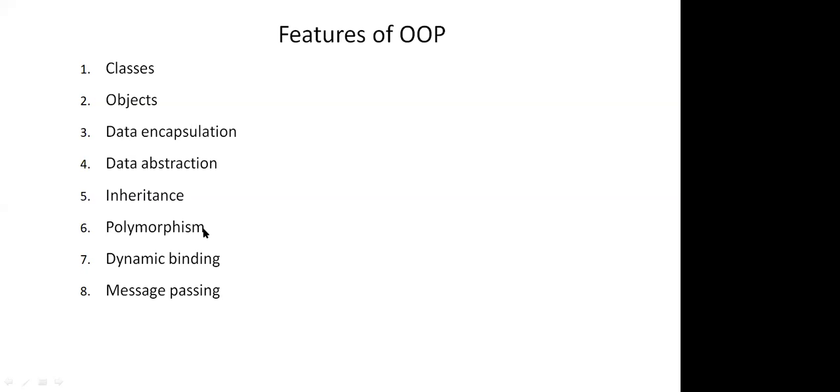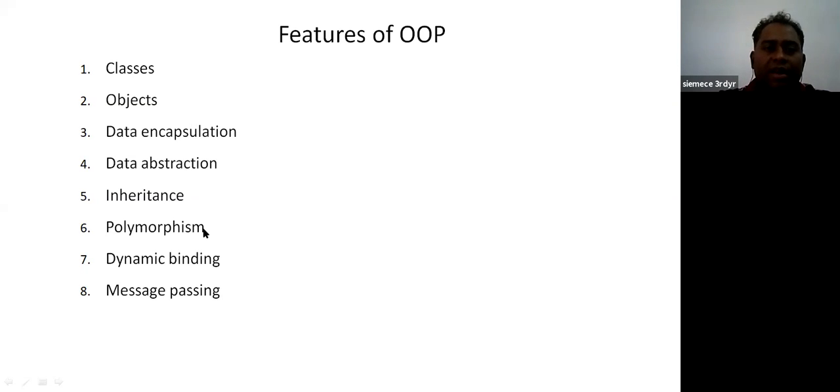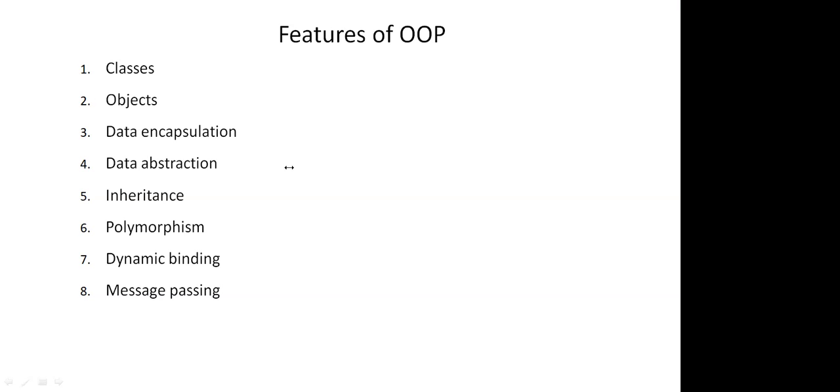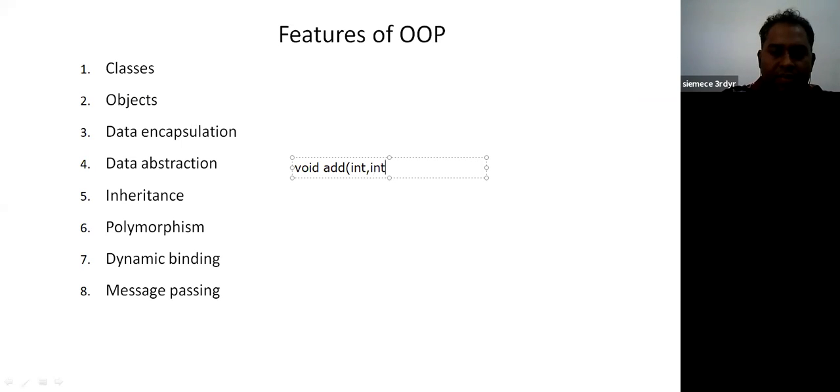The function name is going to be the same, but the properties may be different. For example, void add int comma int. So this is a function. This is another function, void add int comma int comma int.